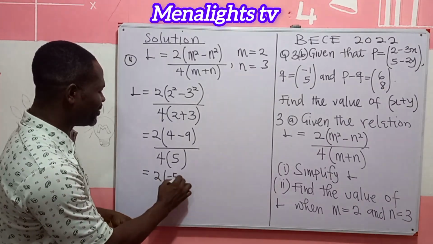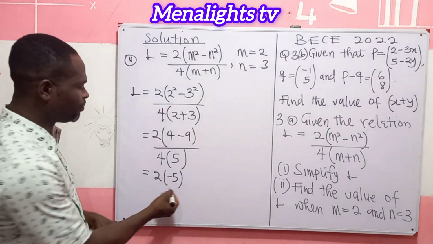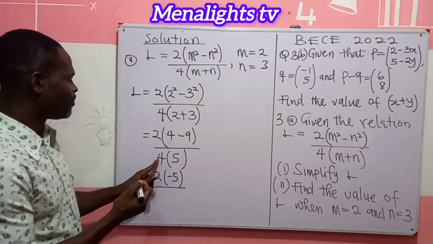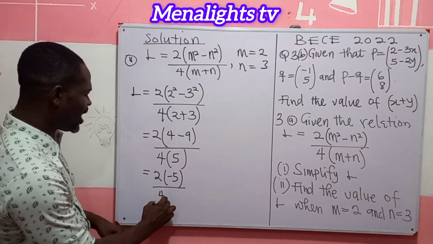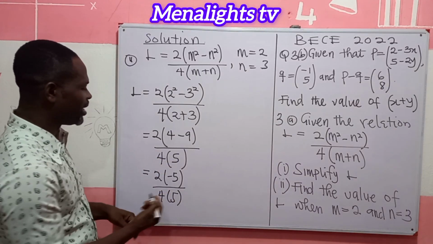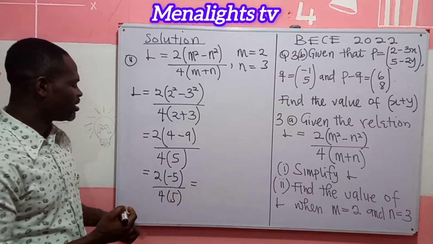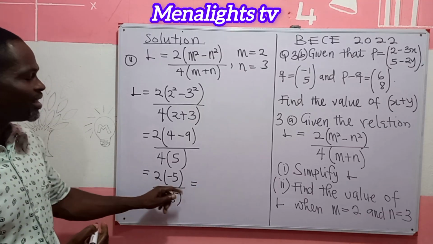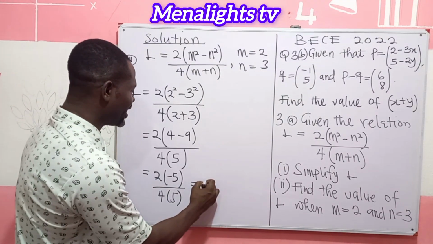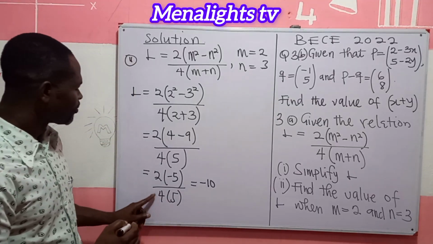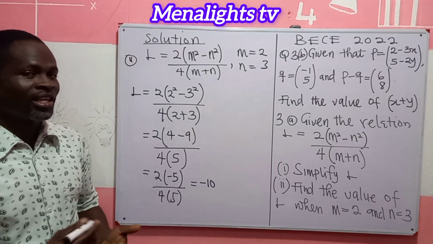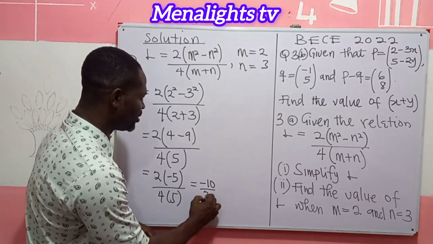So negative 5 there, we are left with negative 5 over 4 times 5 here as well. Which is the same as 2 times negative 5, which gives us negative 10. Then we have 4 times 5, which gives us 20.